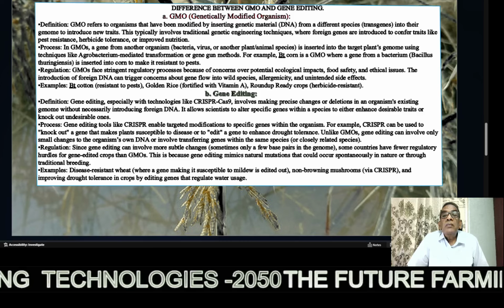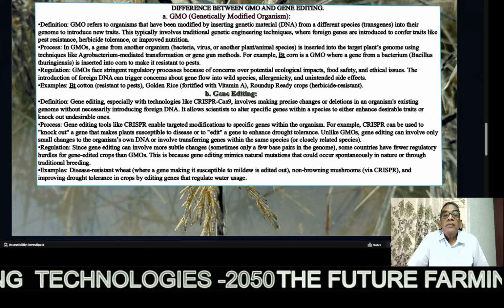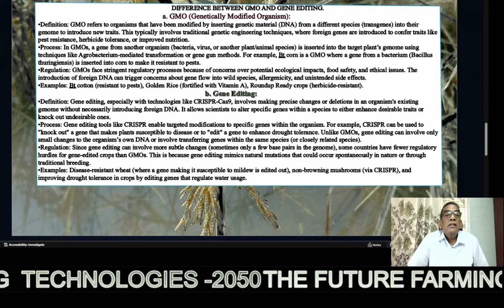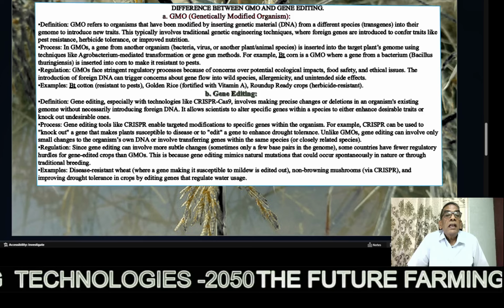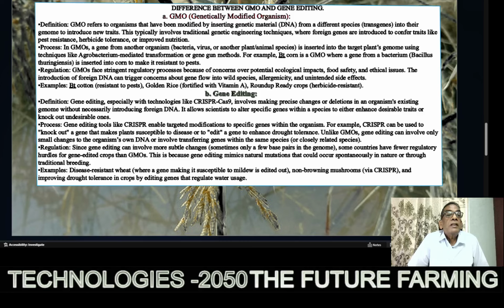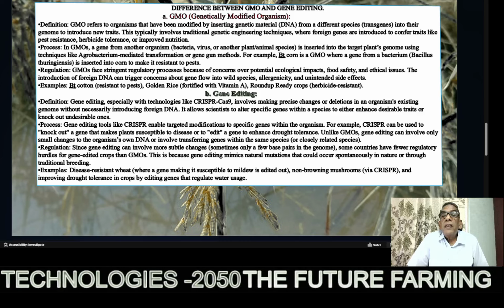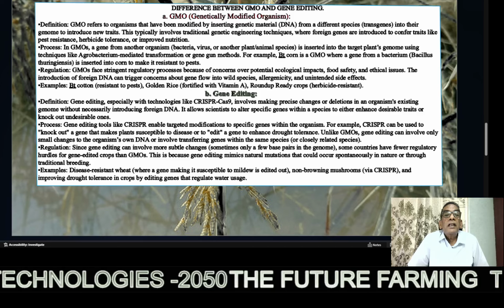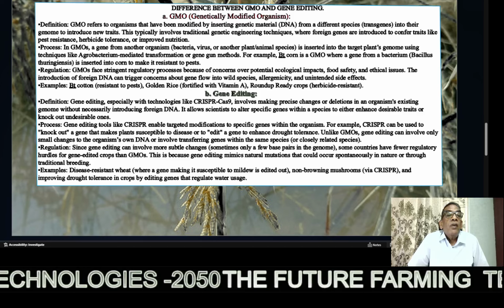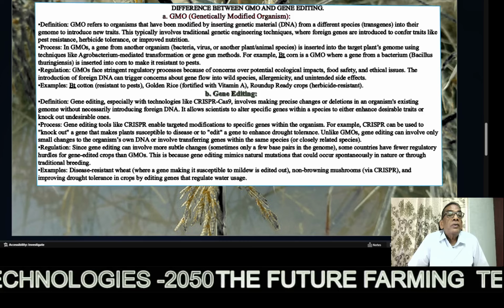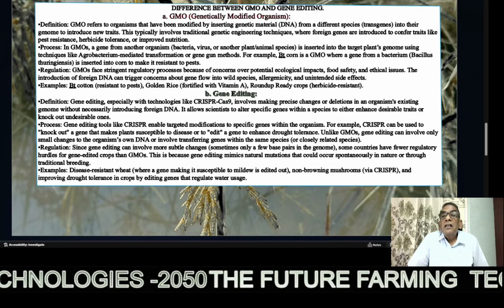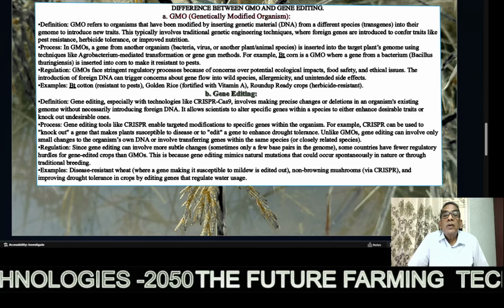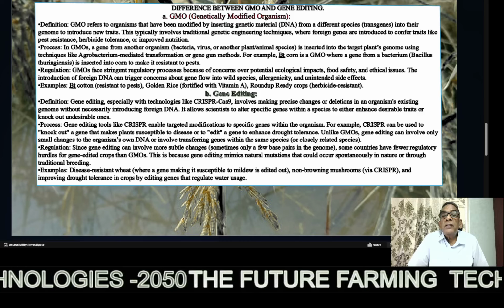What does GMO refer to? Organisms that have been modified by inserting genetic material, that is DNA from a different species, into their genome to introduce new traits. This typically involves traditional genetic engineering techniques where foreign genes are introduced to confer traits like pest resistance, herbicide tolerance, and improved nutrition.